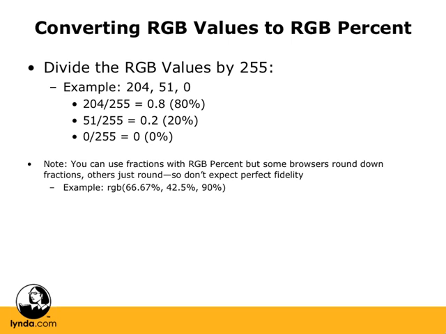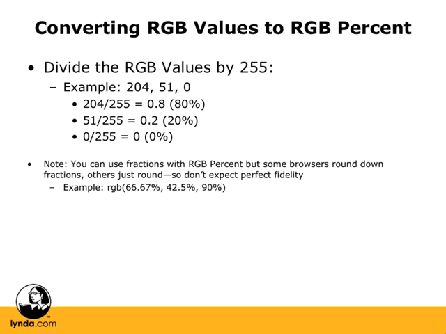But browsers don't always handle that very well. Some of them will round down those fractions, so 66.67% becomes 66%. There are others that do, or may in the future, round to the nearest whole number, so the 66.67% will become 67%. So you get these slight differences in colors possibly between browsers if you use percentage fractions.